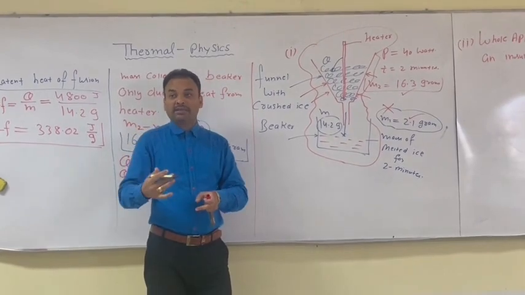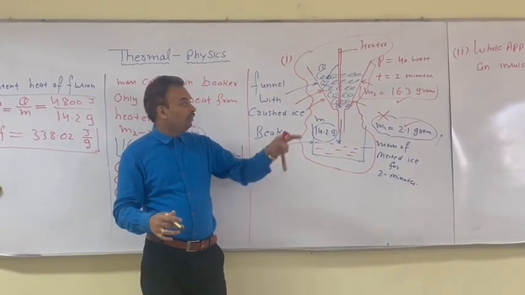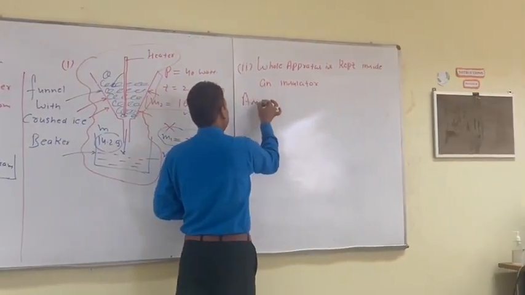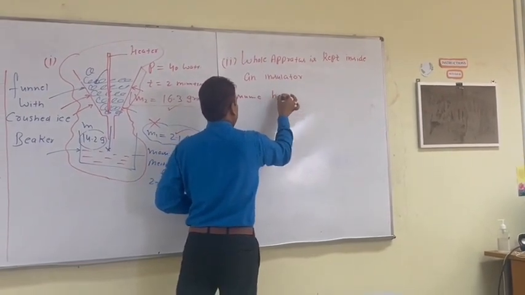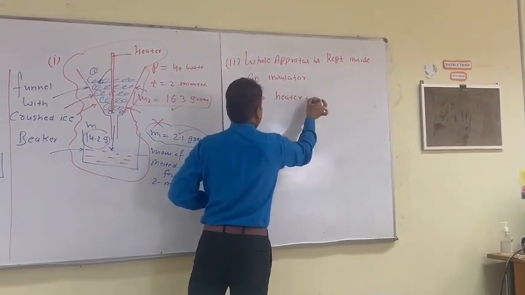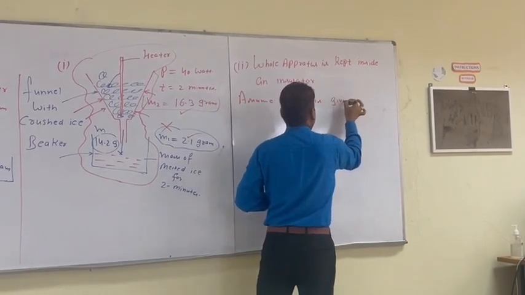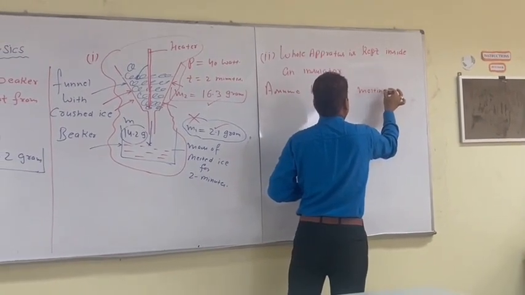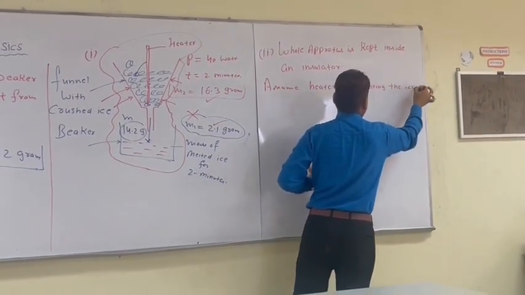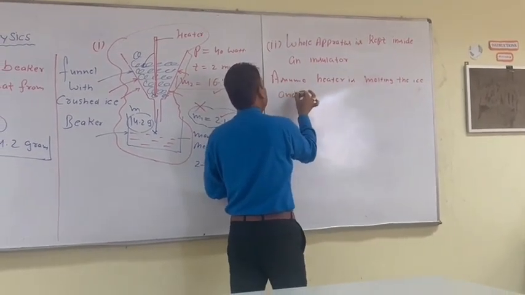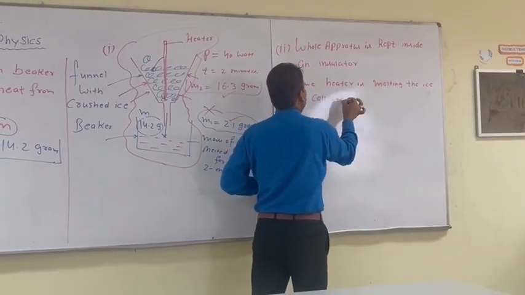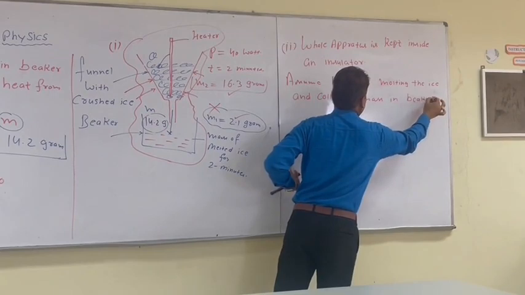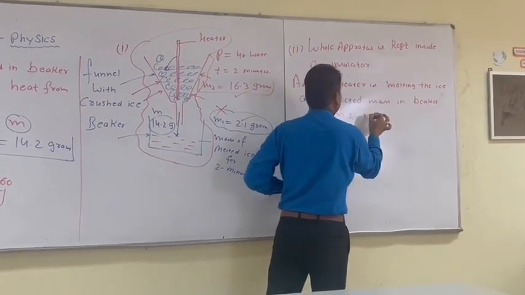So only the mass collected in the beaker, assume a heater is melting the ice, and the collected mass in the beaker M is equal to 16.3 gram.